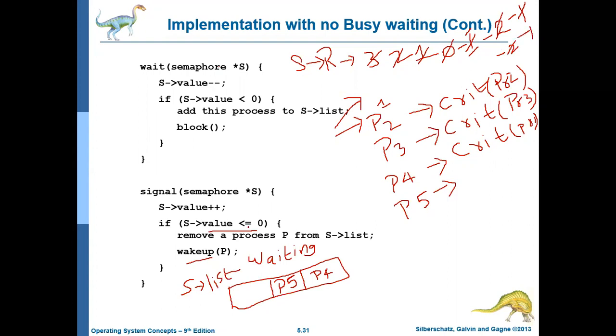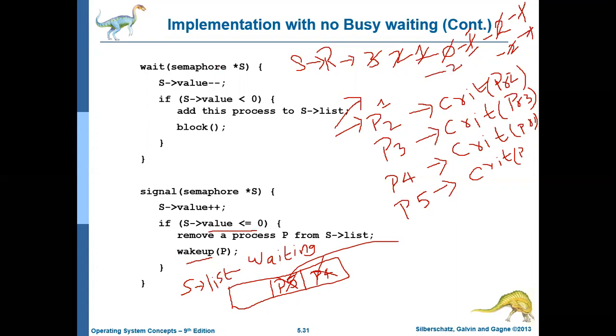If it becomes -1, then again it checks whether the value is less than or equal to 0. P4 has already got the printer, so now P5 also will be moved out of the waiting queue to the ready queue, and P5 will get printer 2. Then again this will become -2.